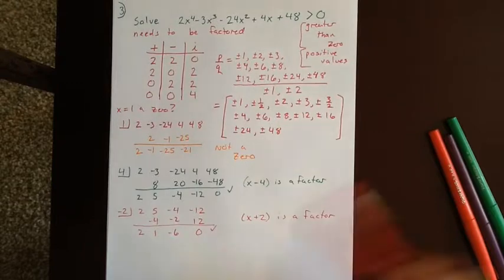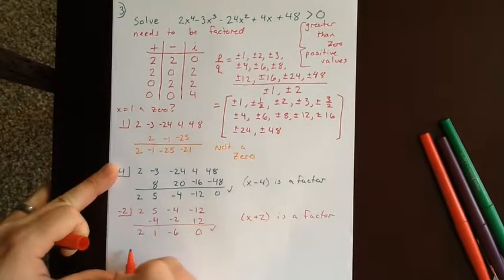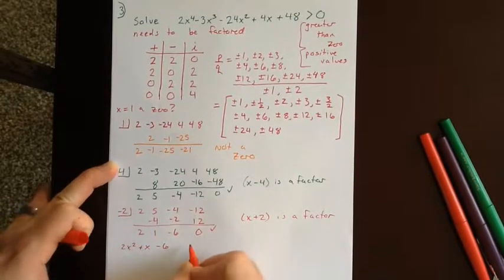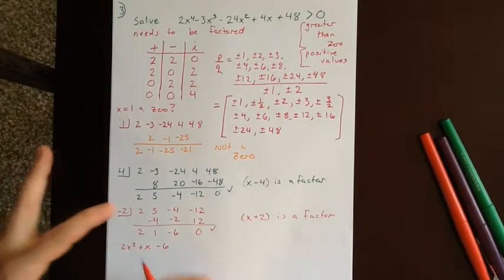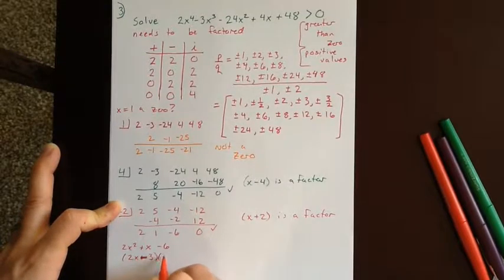So I'm going to stop synthetic division. Now we have 2x squared plus x minus 6. And this does factor: 2x minus 3 and x plus 2.